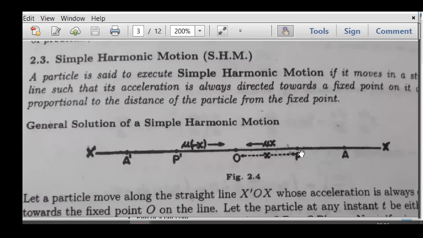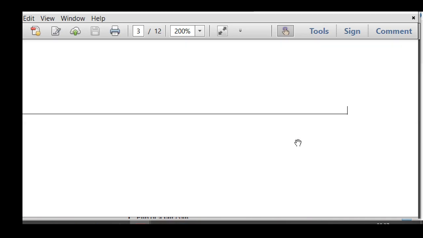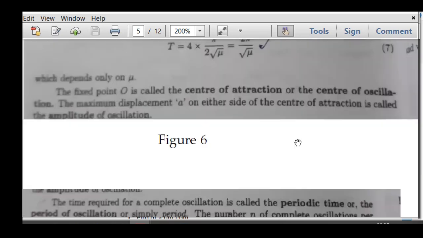Suppose you are catching the particle at any specific instant of time t, and the corresponding position is P. But you have started at the maximum distance, you have started at A. So the time required to move from A to P is said to be the phase. And to determine this phase, this epoch will be used. Let's see the calculation here.